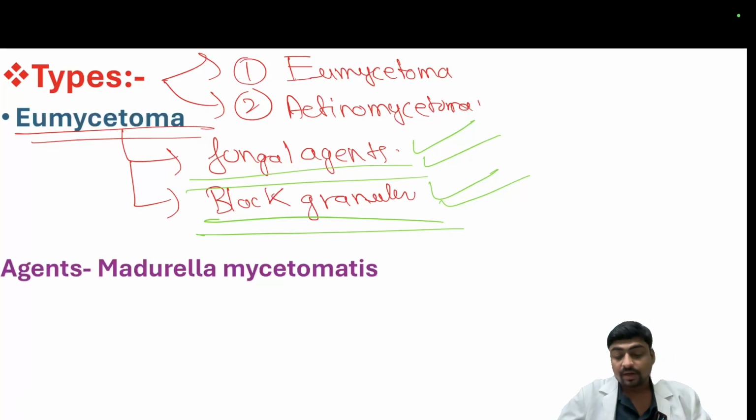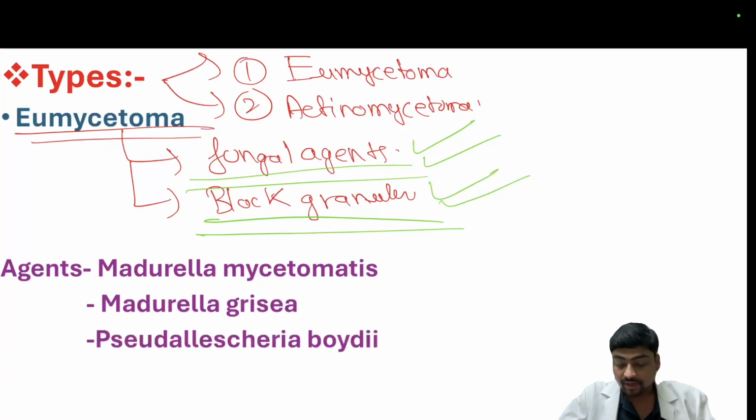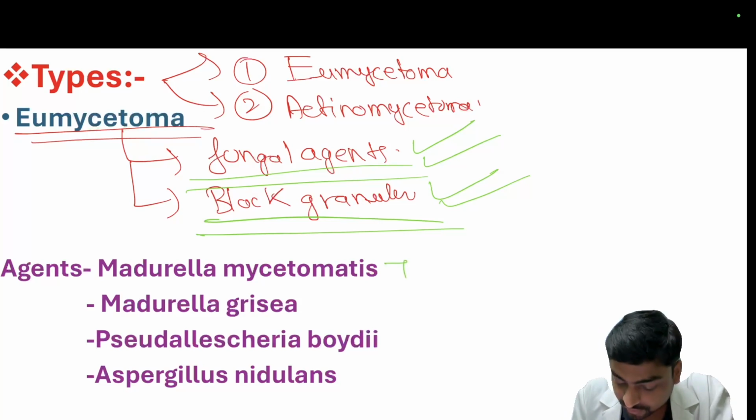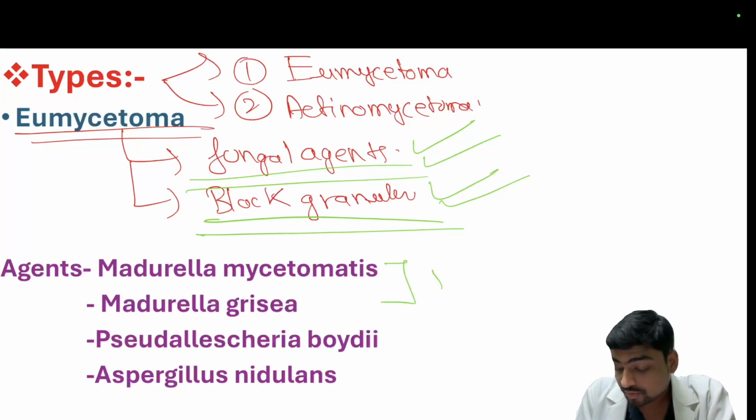Now what are the fungal agents? It is Madurella mycetomatis, Madurella grisea, Pseudallescheria boydii, Aspergillus nidulans. Among these four, the first two, Madurella mycetomatis and Madurella grisea, are responsible for the formation of black granules.